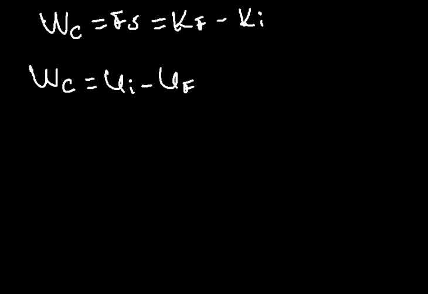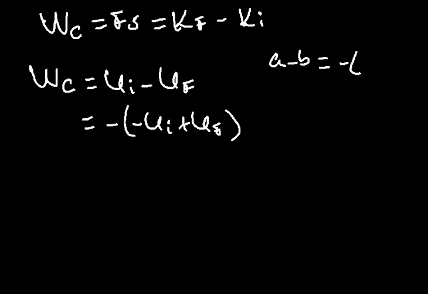But this is also the same as the negative times the negative initial potential energy plus the final potential energy, from the fact that A minus B is the same as the negative of B minus A. Therefore, it is the negative times the final potential energy minus the initial potential energy.